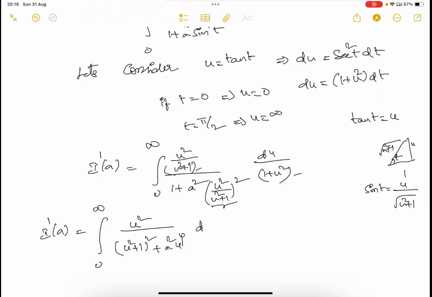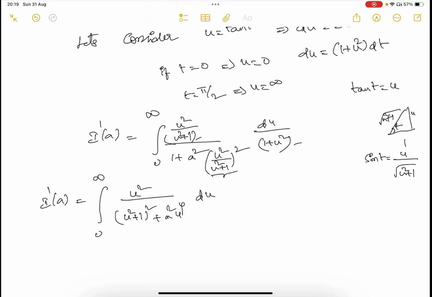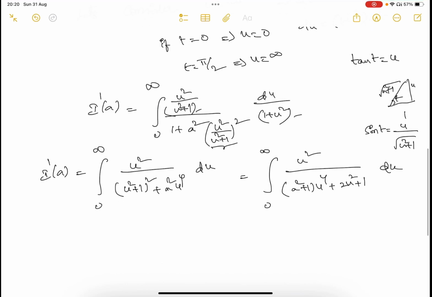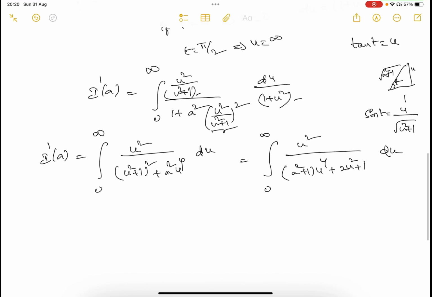This will be du. So let's expand this and see, integral 0 to infinity u square by, this will be u power 4. If you take u power 4 common here, this will be a square plus 1 into u power 4 plus 2u square plus 1 du, right?